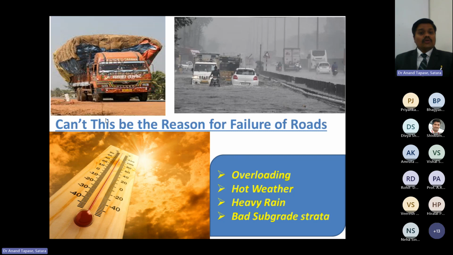It can be the overloaded vehicles, as I was talking about. There may be hot weather. We are conducting tests on various highway materials, like the softening point and the penetration value, and various tests we are performing in the laboratories before that material is used in road construction.